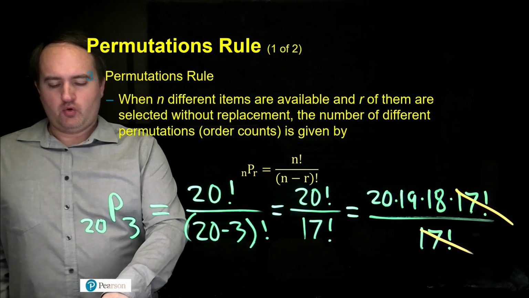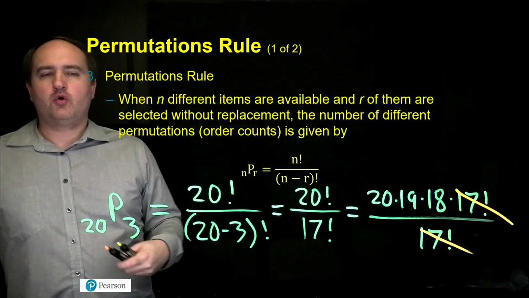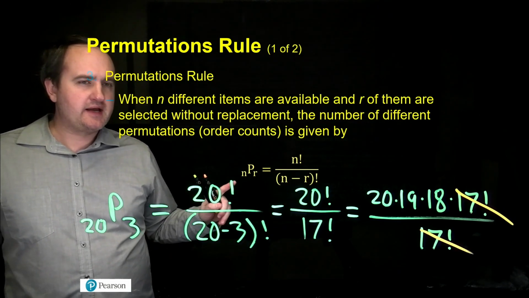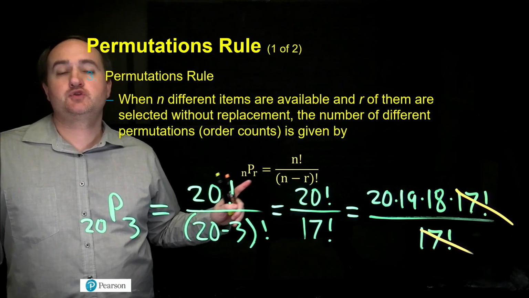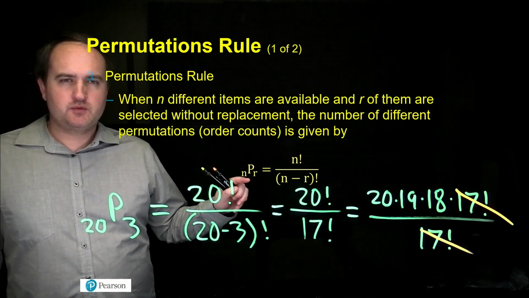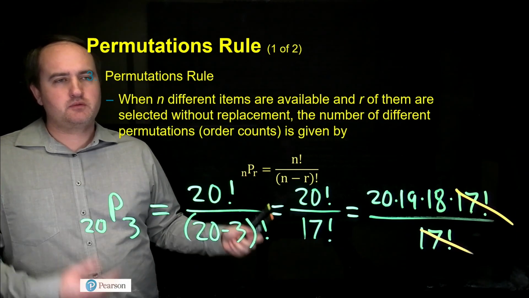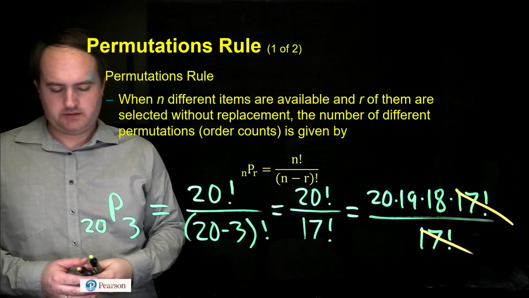Okay. Or alternately, you could use the factorial button, or even better, if your calculator has an NPR button to do permutations, you could just type in 20, and then you would do NPR, and then you would press 3, and then you would press enter, and you wouldn't have to do this whole process.